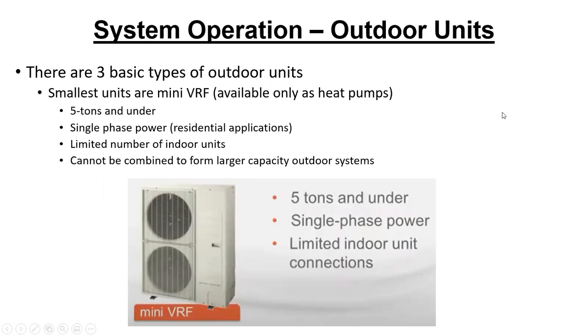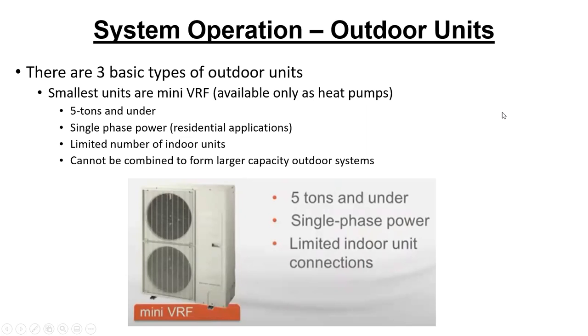System operation, outdoor units. As we said, there are 3 basic types of outdoor units. The smallest units are mini VRF, and these are available only as heat pumps. They are 5 tons and under, single phase power, which is typically for residential type applications, with a limited number of indoor units, and cannot be combined to form larger capacity outdoor systems.